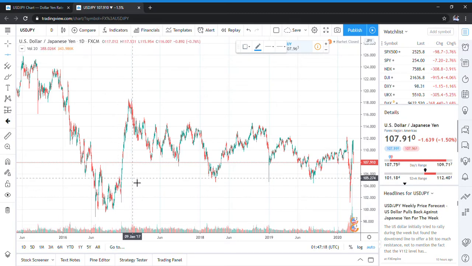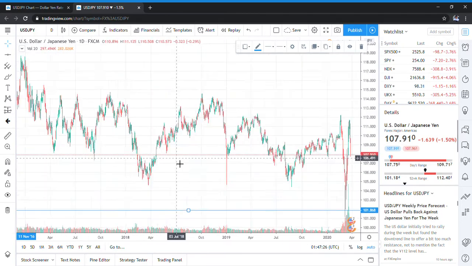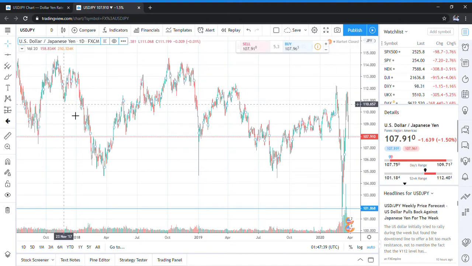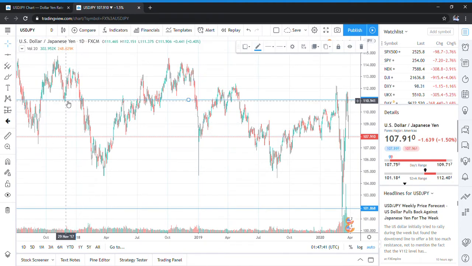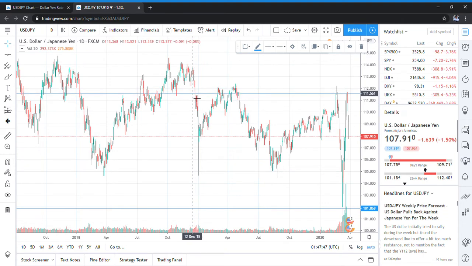We also got some support around, let's put it more around here. Okay, and then we've also got some resistance areas around here, here, a little bit of support here, support here. So yeah, same thing here. Push it a little bit above right there.